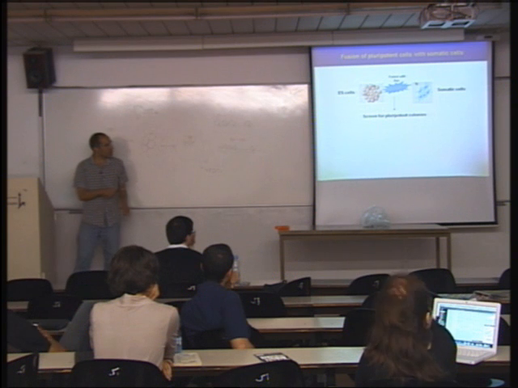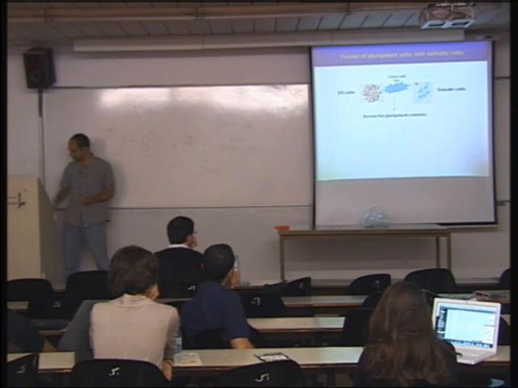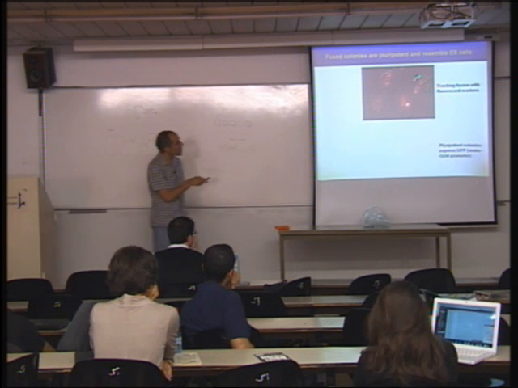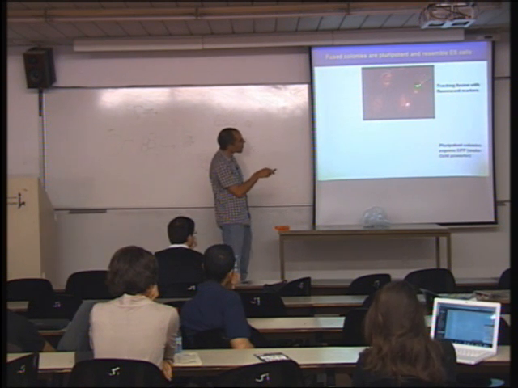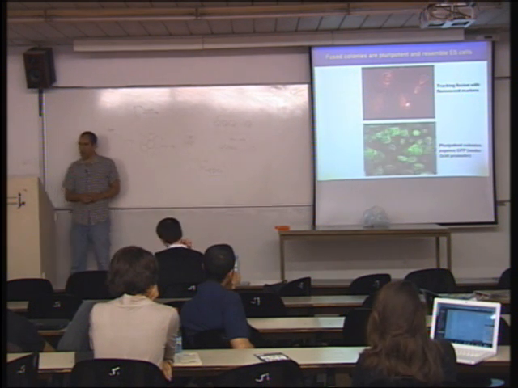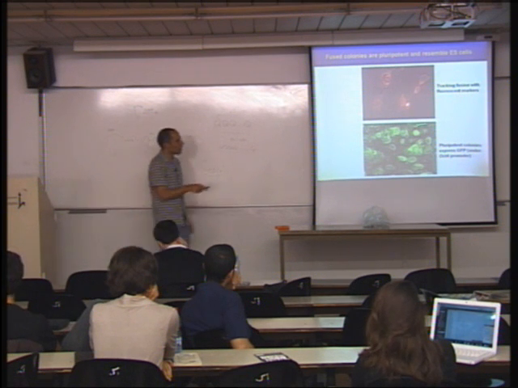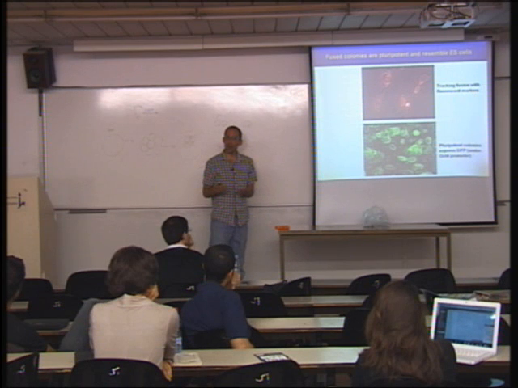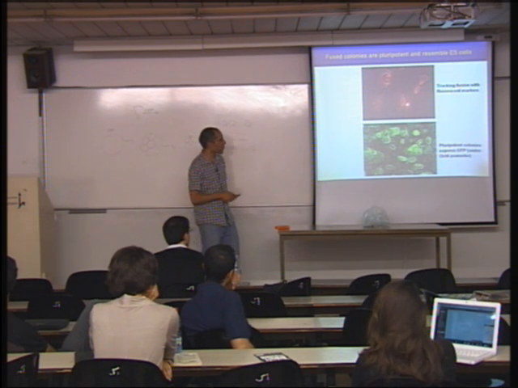And you can actually screen for pluripotent colonies, and this is how the fusion looks. Here's the fibroblast, here's an embryonic stem cell. This is the first stage, they first fuse, and then you wait a few days and look at colonies that appear morphologically just like embryonic stem cells.